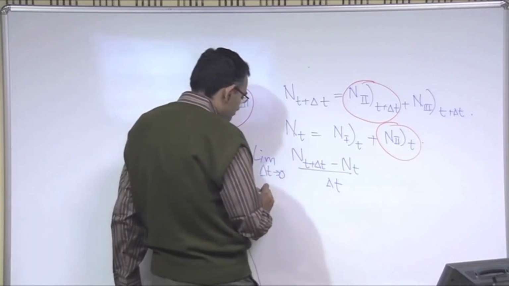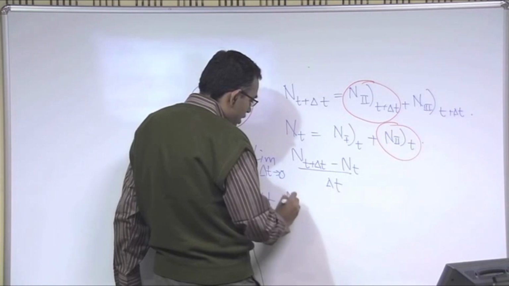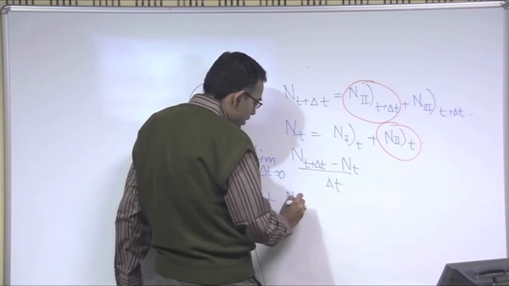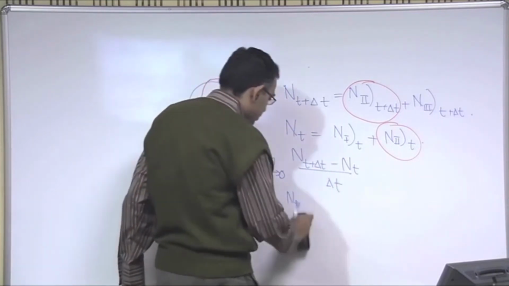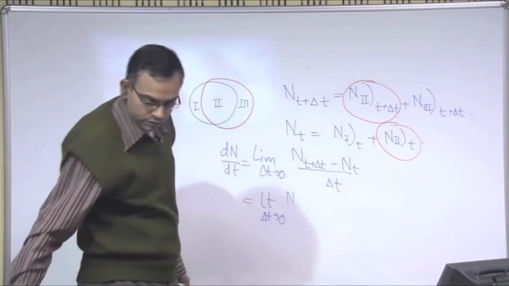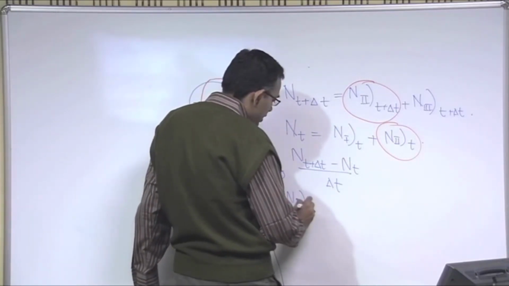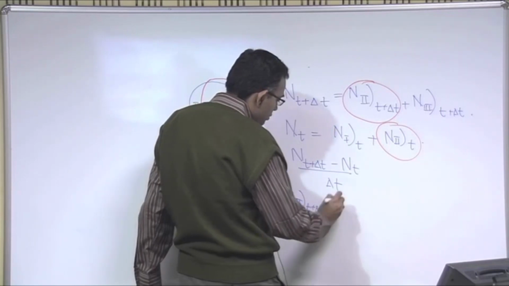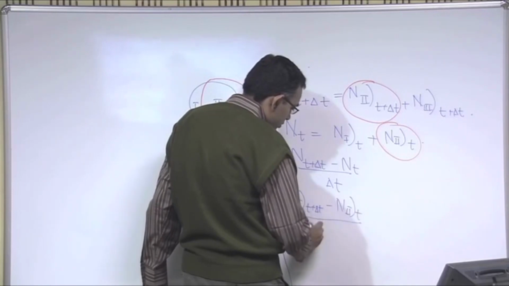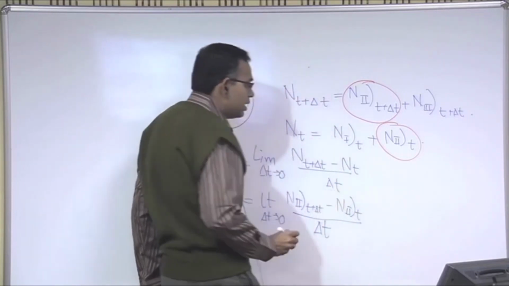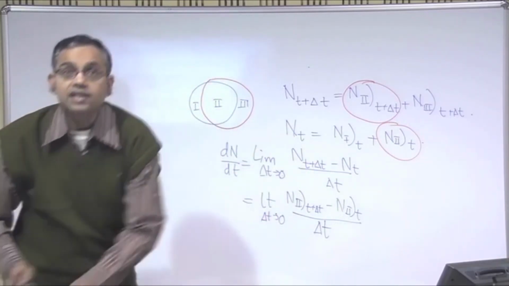So, you have the limit as delta t tends to 0 of N2 at t plus delta t minus N2 at t, divided by delta t, plus now you have certain adjusting terms.